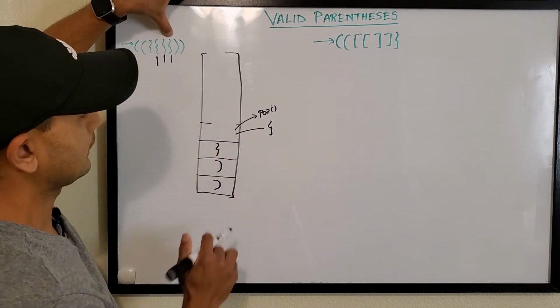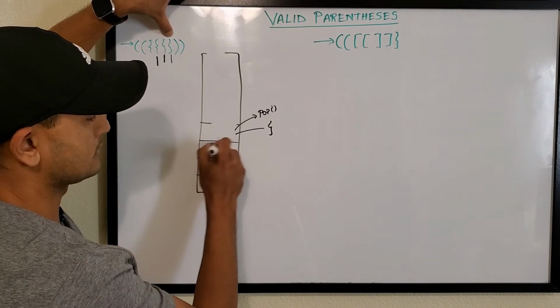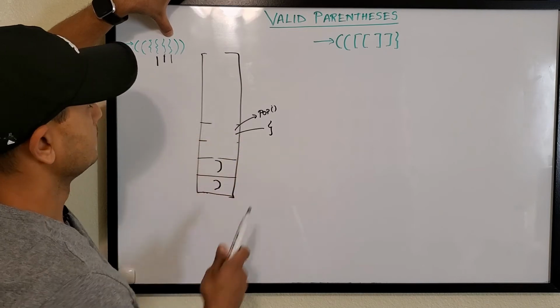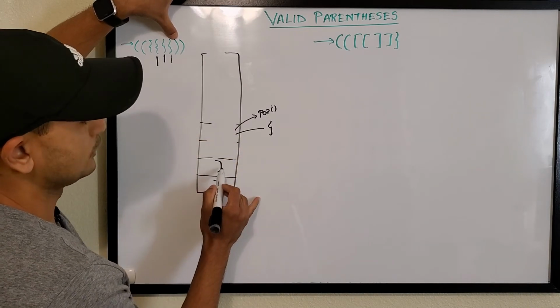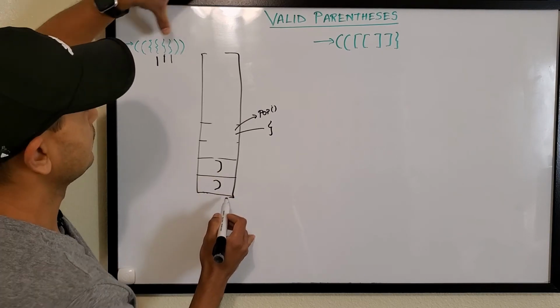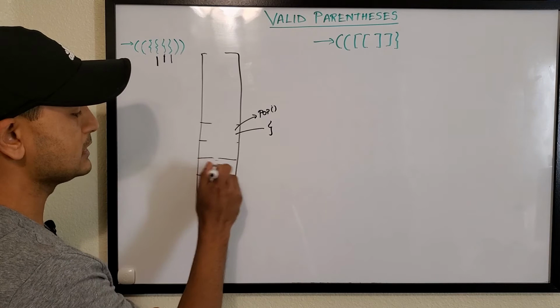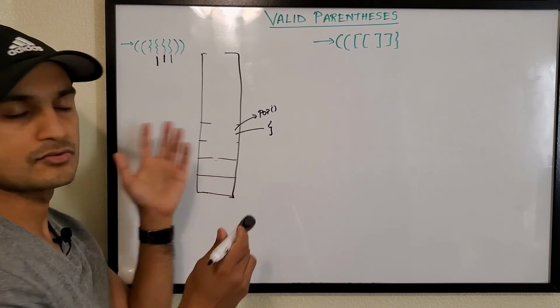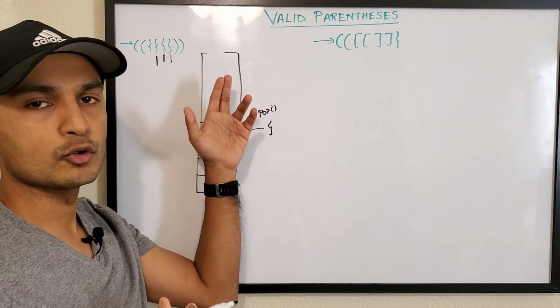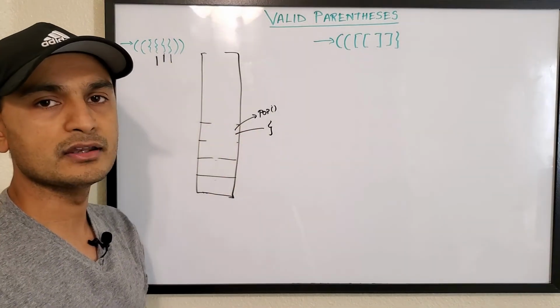This is a closing bracket, so we again do stack.pop and compare. Again, this is gone. Same thing, we keep doing stack.pop and compare. And finally, once the string is done, if the stack is empty, then we say yes, the string is valid. If the stack was not empty or if some condition didn't match, we say the string is invalid.